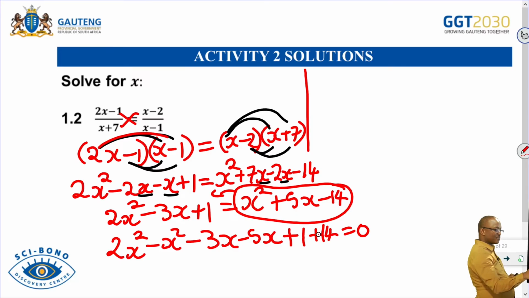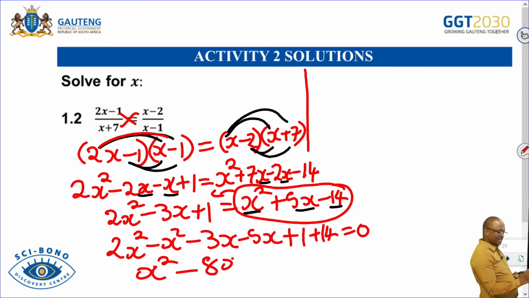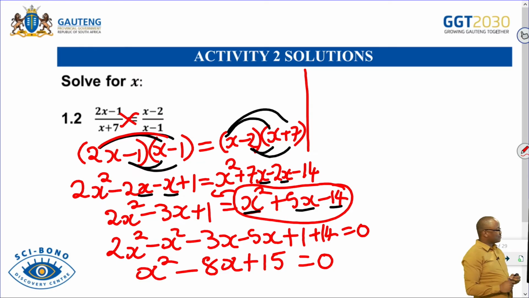So you can see that I paired these terms according to their degrees of x. Correct. So now we're going to have x squared minus 8x plus 15 is equal to 0.